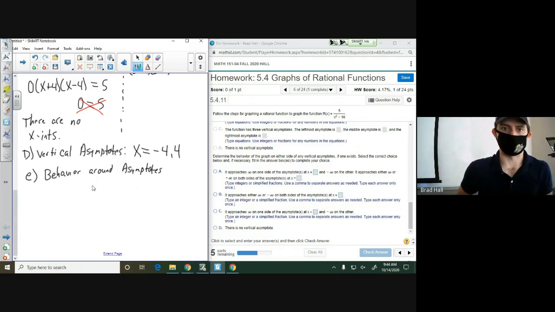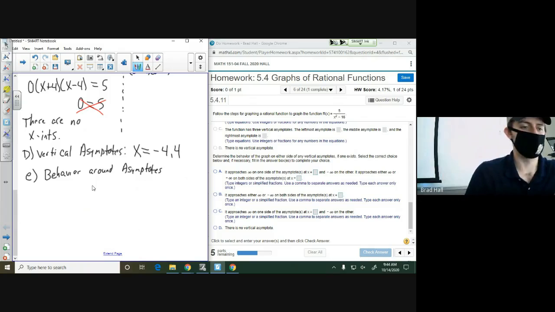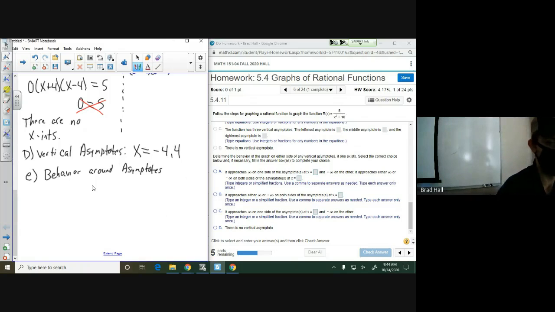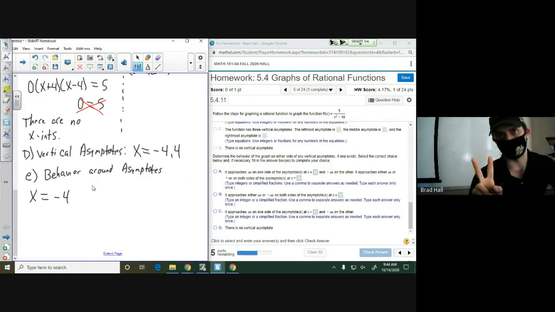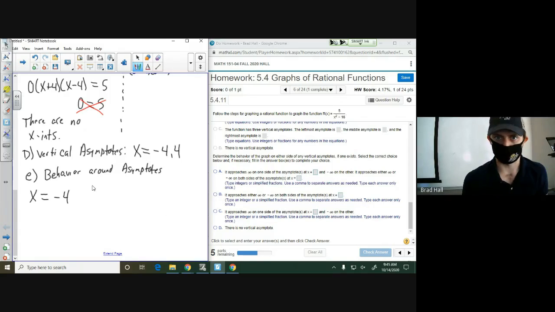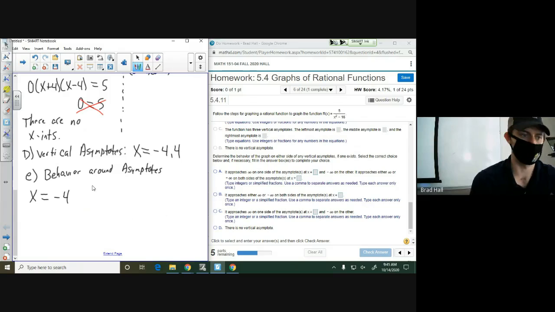Generally, what I like to do is think about it this way: for each vertical asymptote, we're going to pick two values, because they want to know the behavior on the left side of the asymptote and the right side of the asymptote.